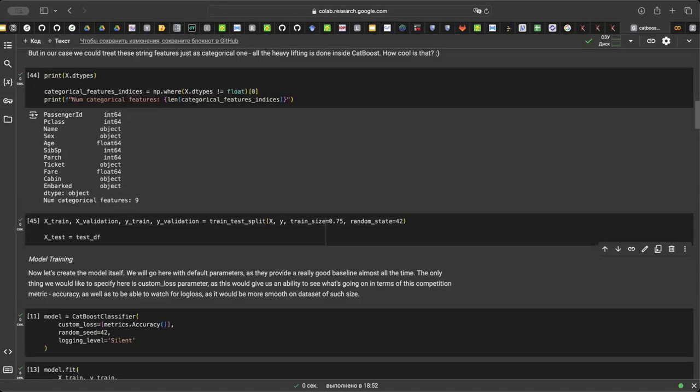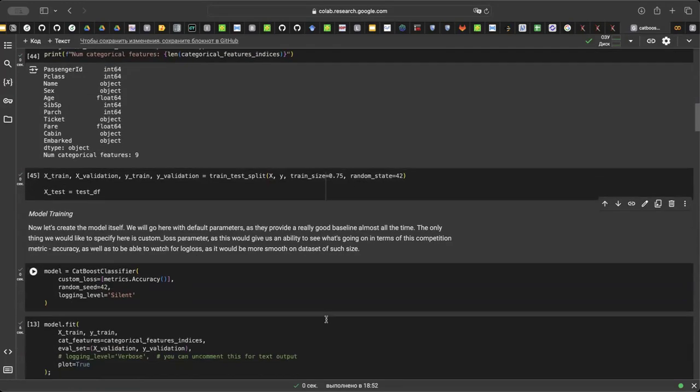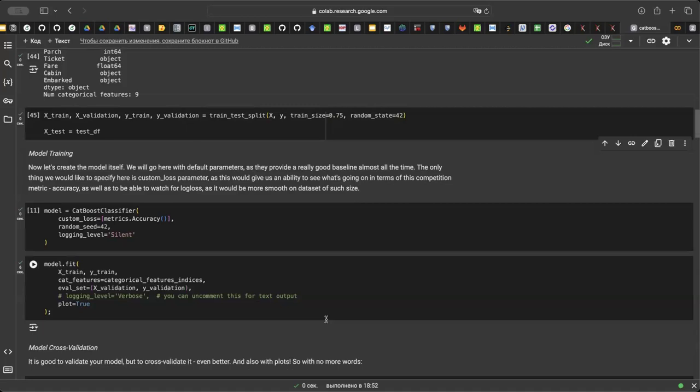Okay, what about Catboost? Catboost is a very popular and convenient way to perform gradient boosting.